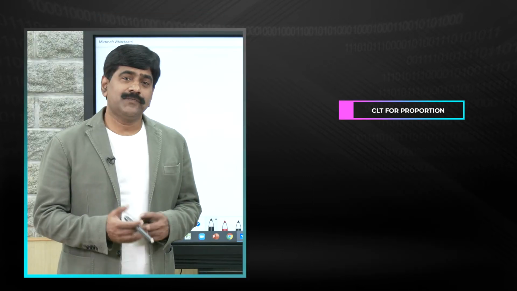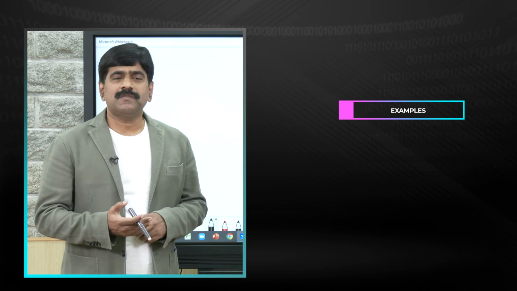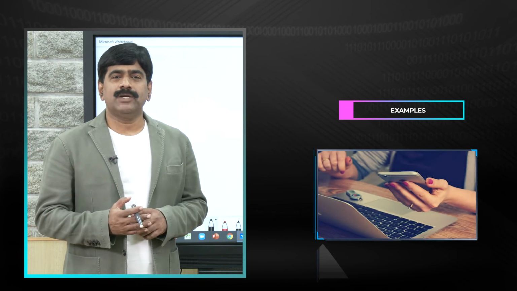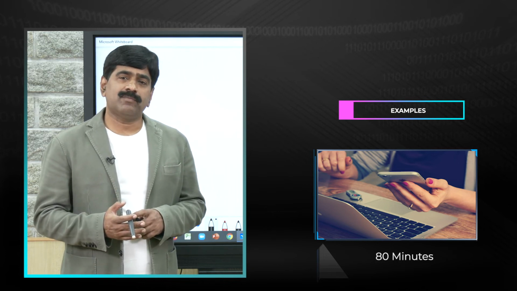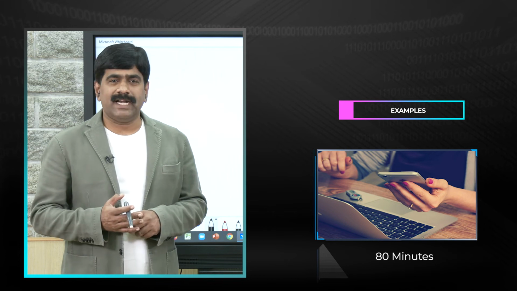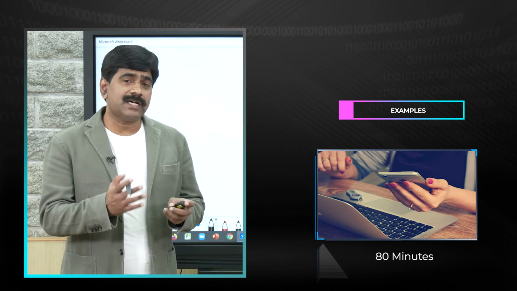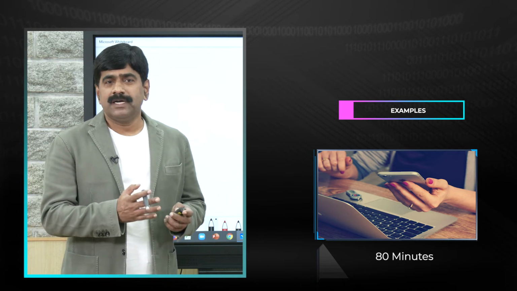Let us discuss a few examples in which the central limit theorem is used. Let me start with the first example. It is believed that college students in Bangalore spend on average 80 minutes a day texting on their mobile phones with a corresponding standard deviation of 25 minutes. Data from a sample of 100 students has been collected to calculate the amount of time spent texting.